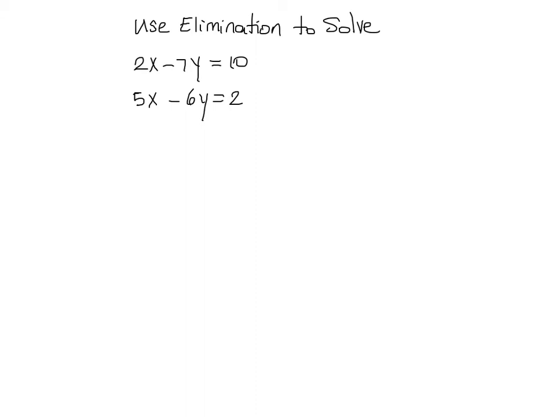Well, what we're going to do is try to get two equivalent equations that do have something that can be eliminated. The first step is to find a common multiple for either the x's or the y's, up to you. I choose to find my common multiple for the x's because we have smaller numbers here.